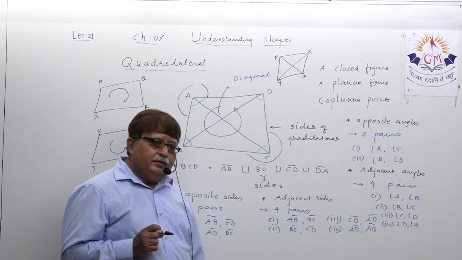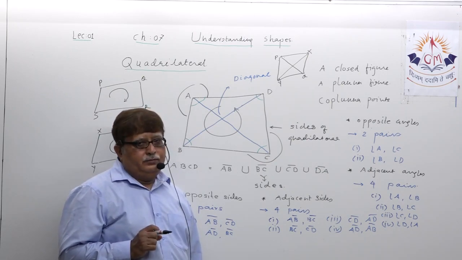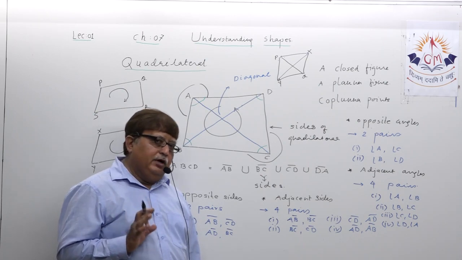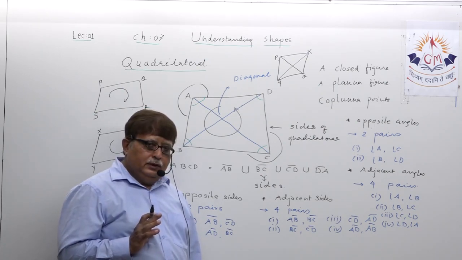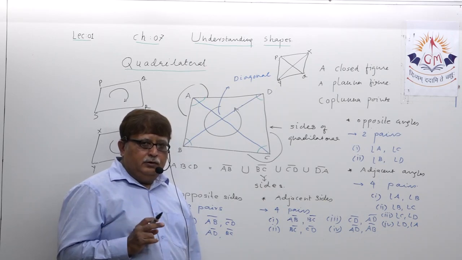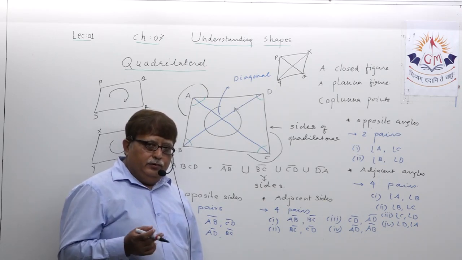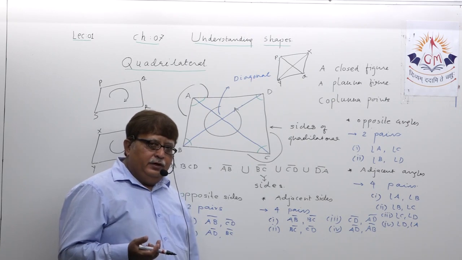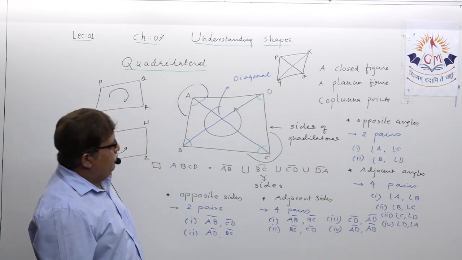This way, you should have the knowledge of naming any quadrilateral. Just by having the name of two diagonals, you can realize any quadrilateral from this. Understand?